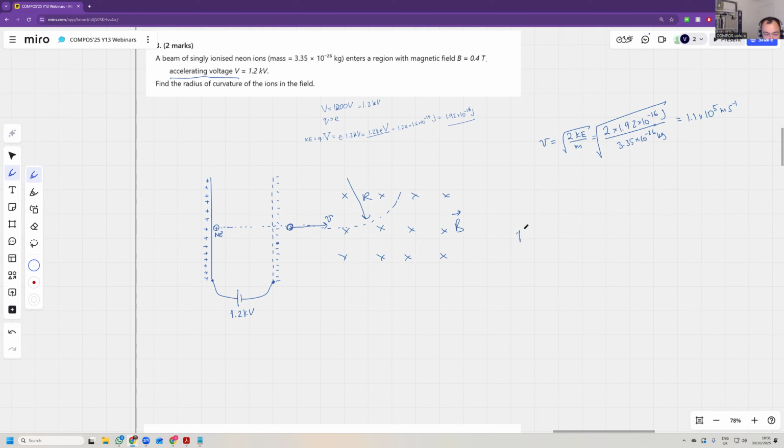We already know that the radius is mv divided by bq. All we need is 3.35 times 10 to the negative 26 kilograms times 1.1 times 10 to the 5 meters per second, that's the speed, divided by 0.4 Tesla times q, the charge, which is 1.6 times 10 to the minus 19 coulombs.